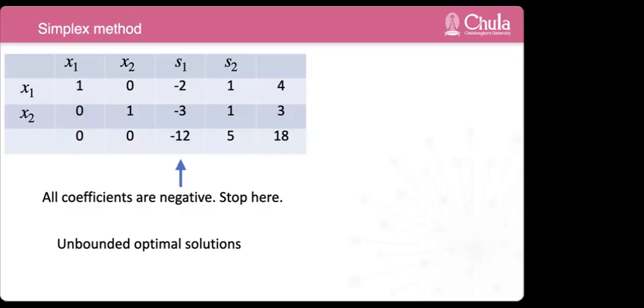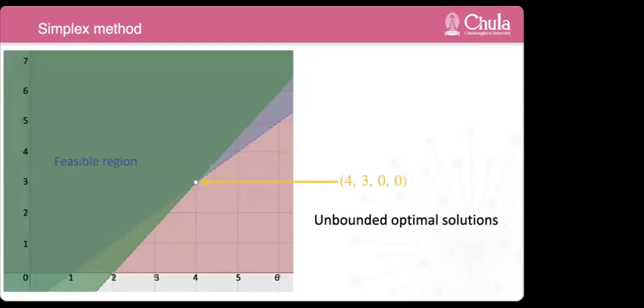And once you arrive at a similar table like this, the problem has an unbounded optimum solution. This is an unbounded optimal solution. And you see that it's unbounded because, of course, you can go this way to reduce the objective function, but you cannot go further. The solution is not defined.